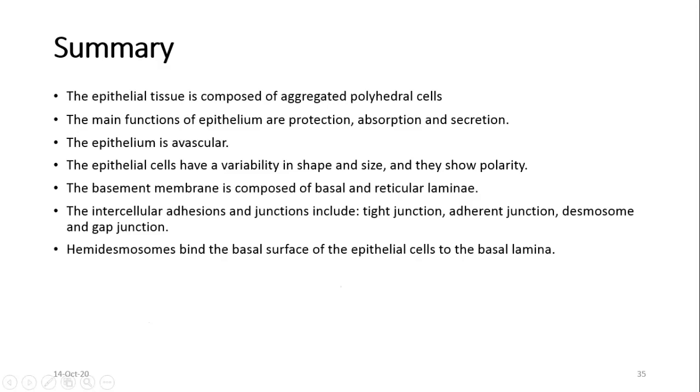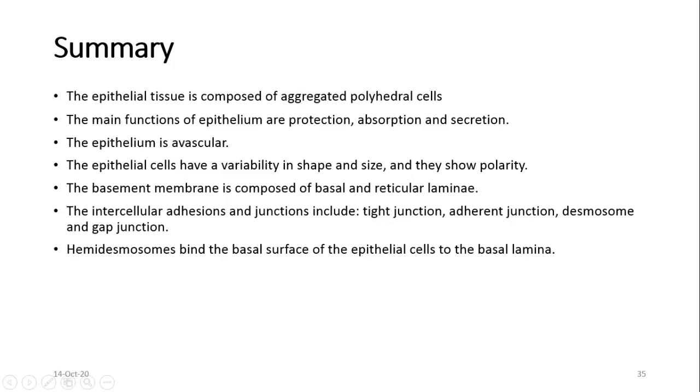So we reached the end of this lecture. Let's summarize together what we have learned in this lecture. First thing, the epithelial tissue is composed of aggregated polyhedral cells. The main functions of epithelium are protection, absorption, and secretion. The epithelium is avascular. The epithelial cells have a variability in shape and size, and they show polarity.